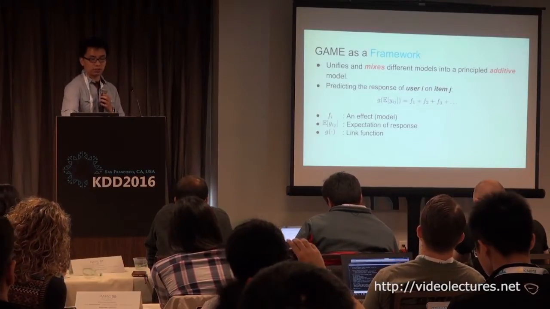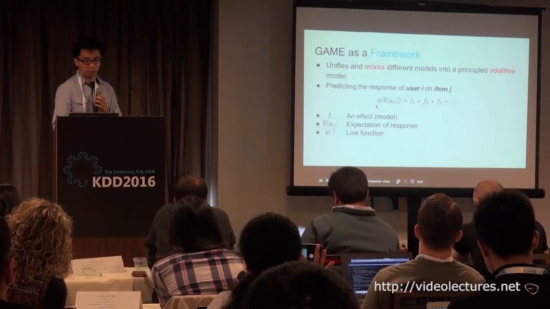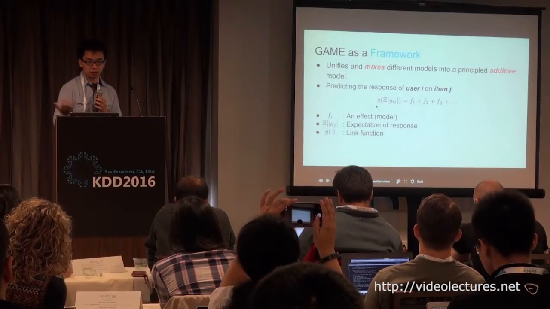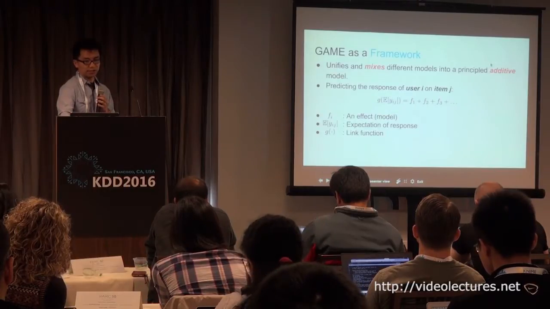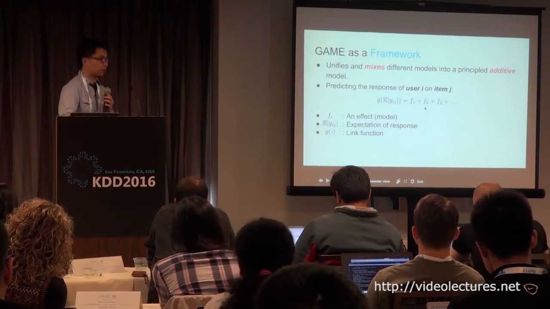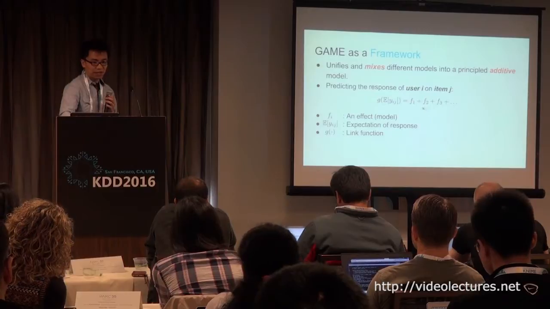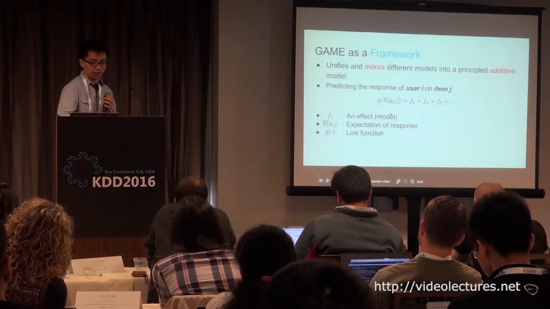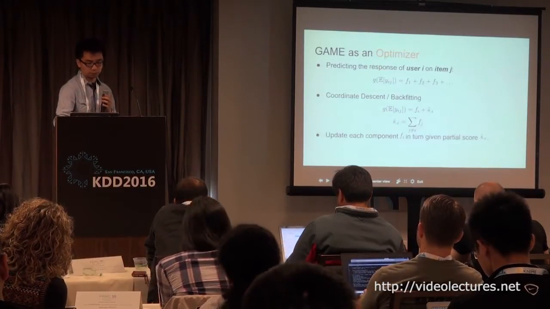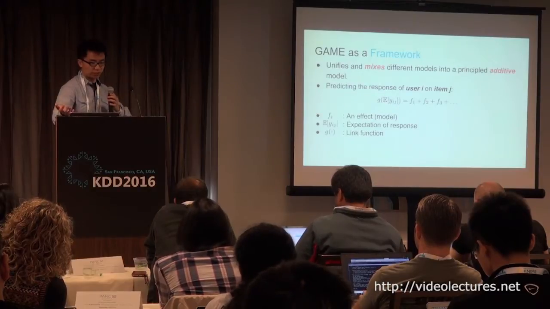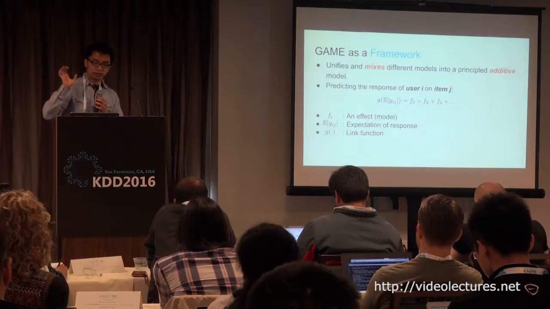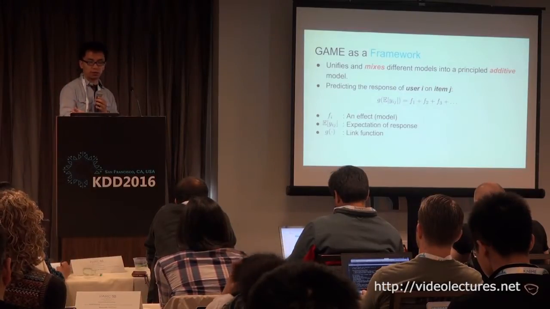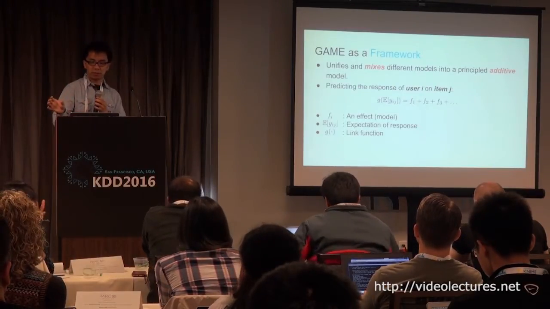Here there is a link function, which could be logistic regression, square loss, or hinge loss, different loss functions. And as I said, it is an additive type of model, so we have different components in the model. Each one could be a model; we call it an effect, but basically it's a model. It is still very abstract: a model with different additive components.